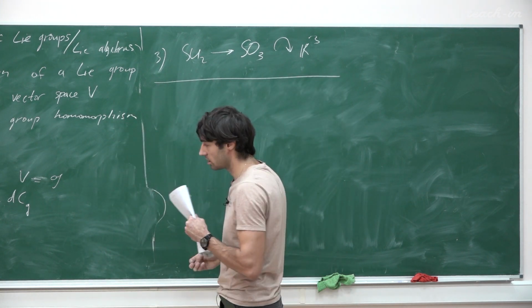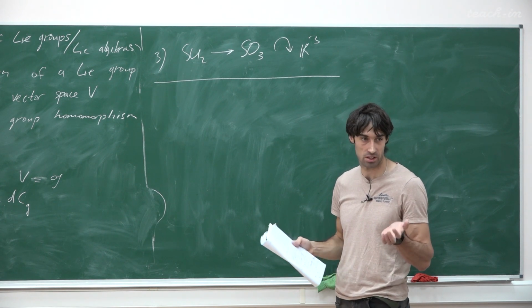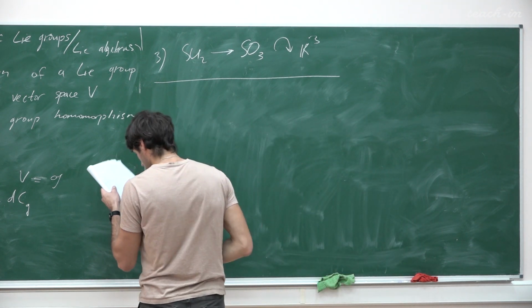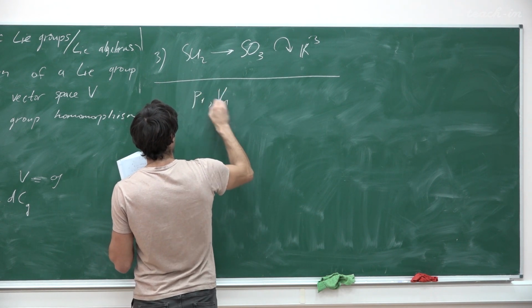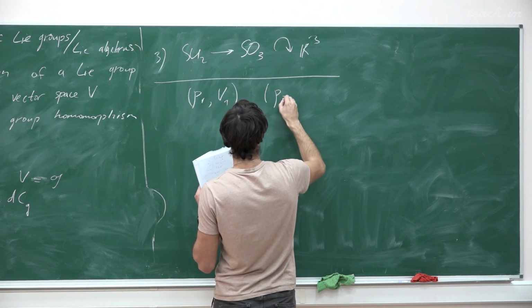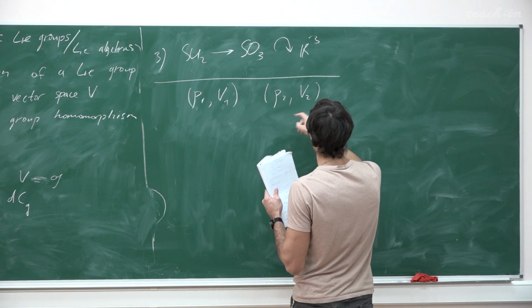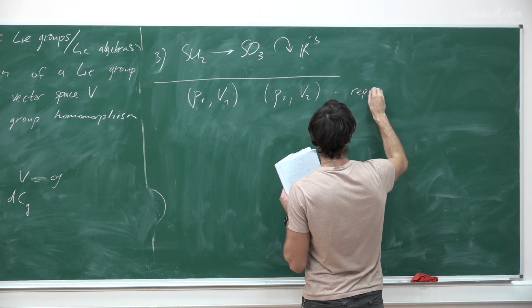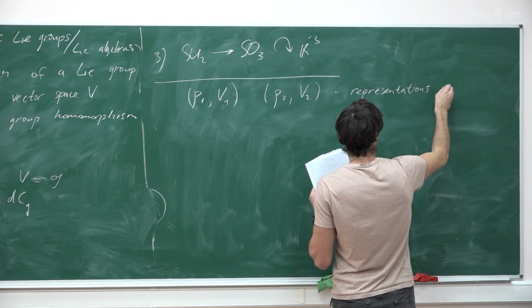I can do it by direct sum or tensor product, so let's discuss how it's done. Suppose I have two representations. Sometimes I will give a representation as a pair, homomorphism and vector space. So these are representations of G.